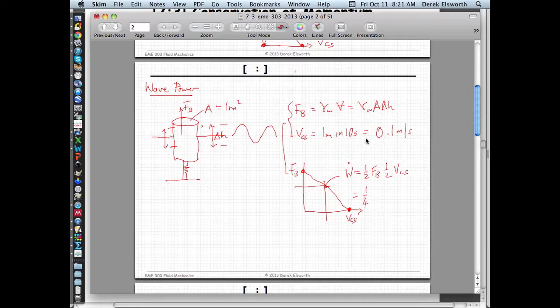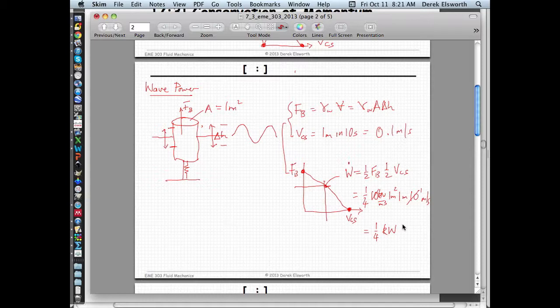Unit weight is 10 kilonewtons per meter cubed, area is 1 meter squared, height is 1 meter, and velocity is 0.1 meters per second. So the 10 and the 1 drop out, so we end up with actually a quarter of a kilowatt. Yeah, so interesting.